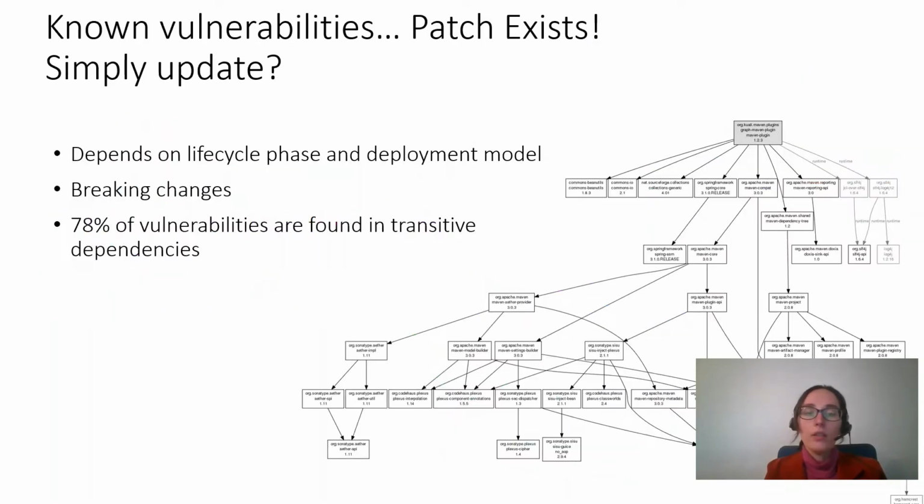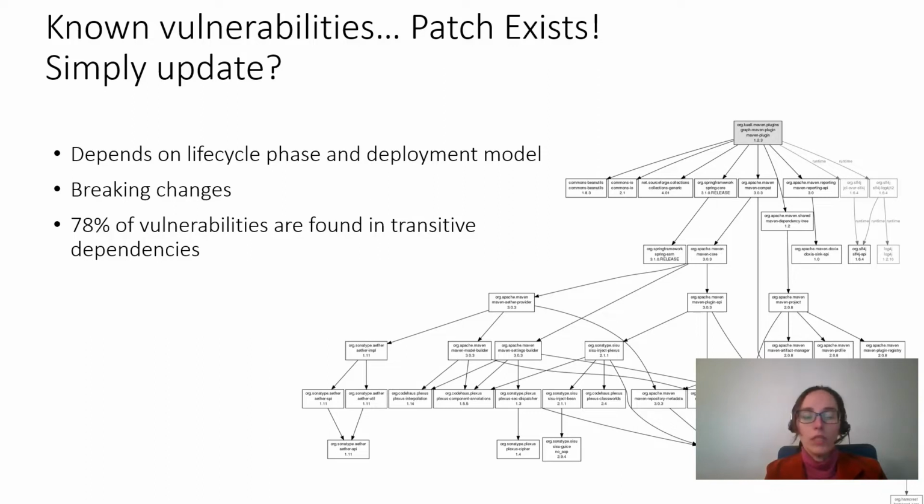And the reason is that to update is not that simple. In fact, we have to consider which is the life cycle phase of the application and the deployment model. If we think about an application that is in development, it should be easier at least to update a dependency. But if we think about an application that is in maintenance and that is running on premises, to update is a completely different story.